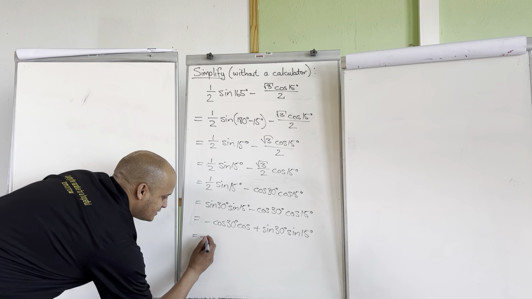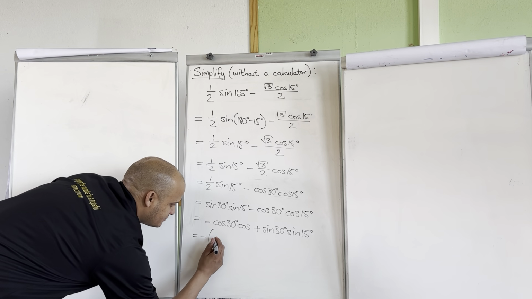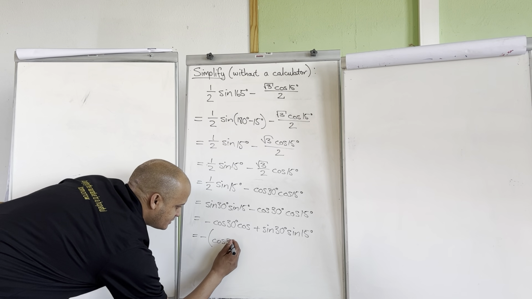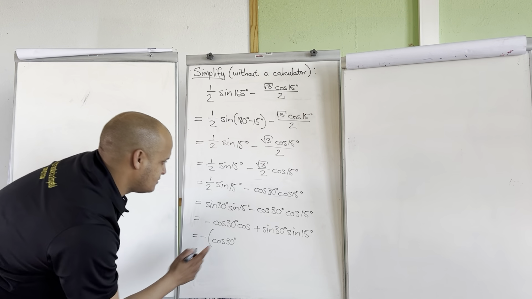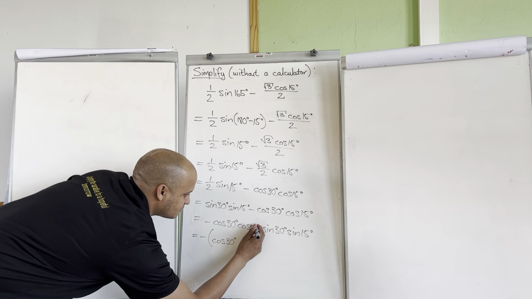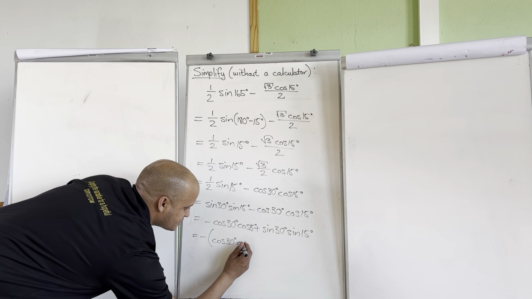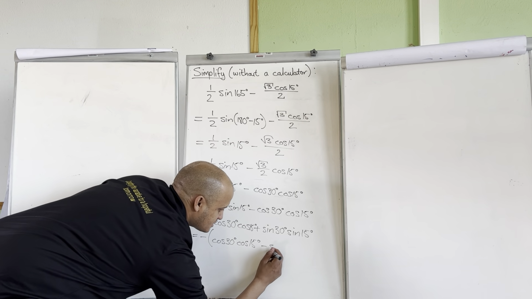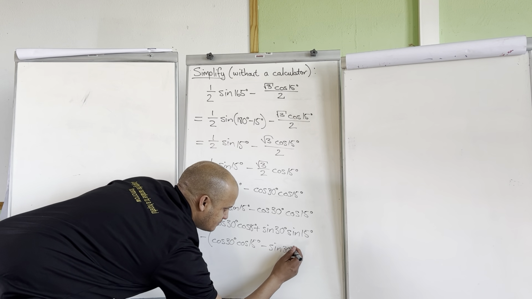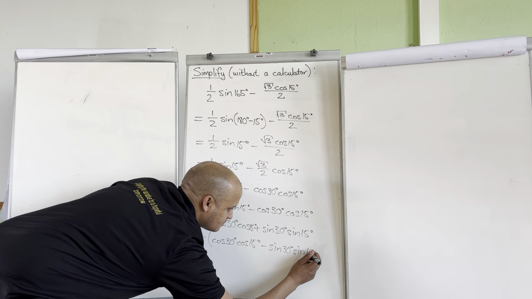Yes. So we've got negative. If we do that, we've got cos 30 degrees. Oh, I forgot to write the cos 15 here. Cos 30, cos 15 minus sine 30 sine 15.